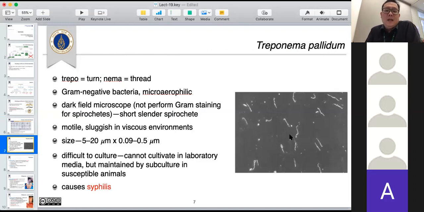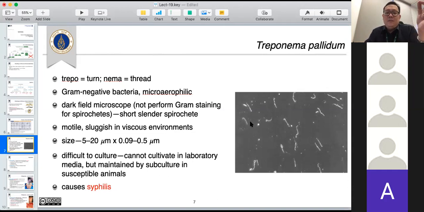Treponema. This is a picture of Treponema pallidum. Actually, we do not perform gram staining on spirochetes because they are so thin. When you stain with gram positive and gram negative, the color is faint and it's so hard to tell whether it is blue or red.